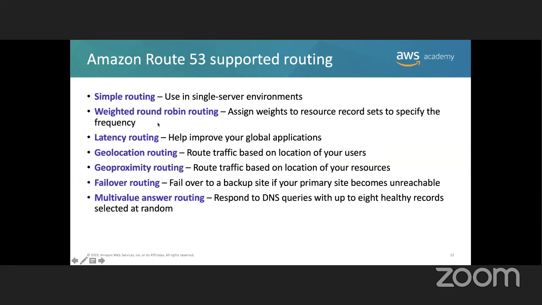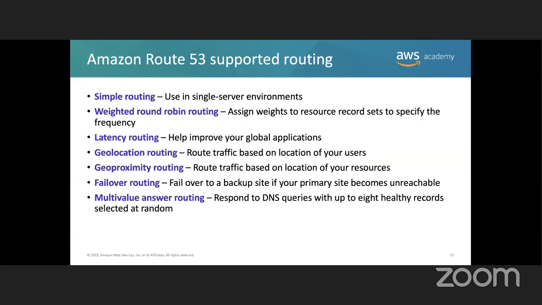Let's say that you have several servers, 4 servers for example, and you want to distribute the traffic by weight. You can put 25% for one server, 25% for another, 25% and 25%. So you have 4 servers each receiving a quarter of the entire traffic. That's how weighted is used.